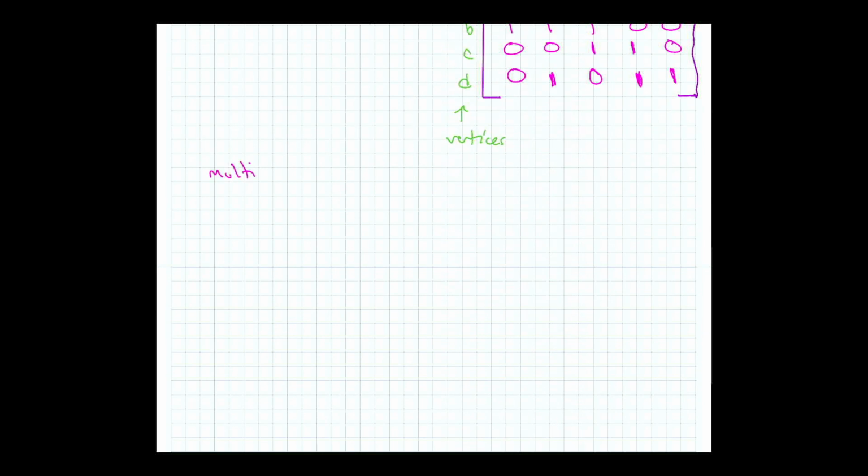Multiple edges give columns with identical entries, because the edges are incident with the same pair of vertices. Who cares? There's not a lot to say here. Multiple edges would give some identical columns, but that doesn't tell you how to make them. It's just a result.